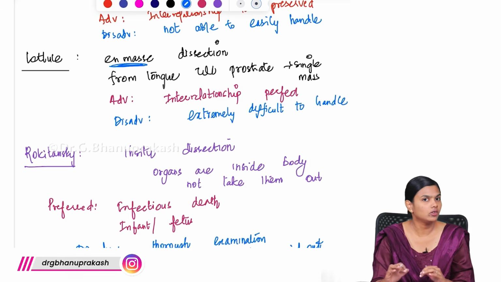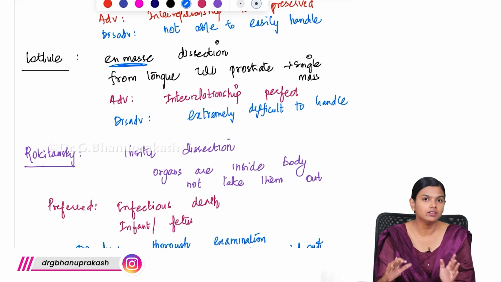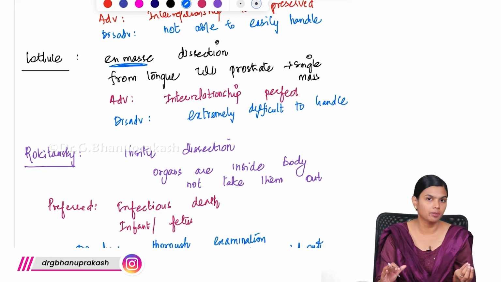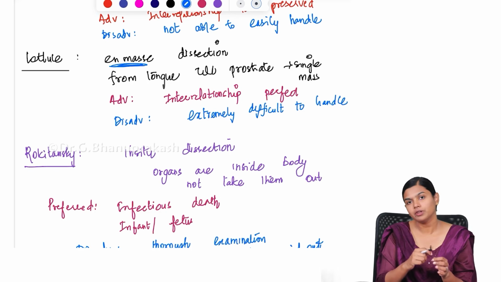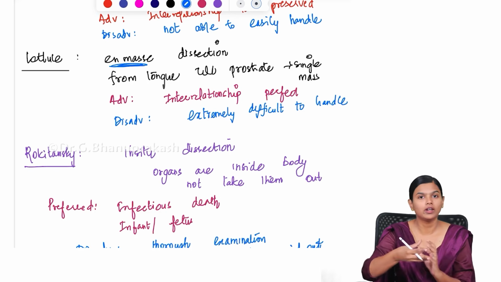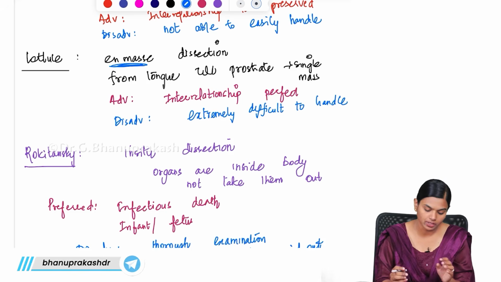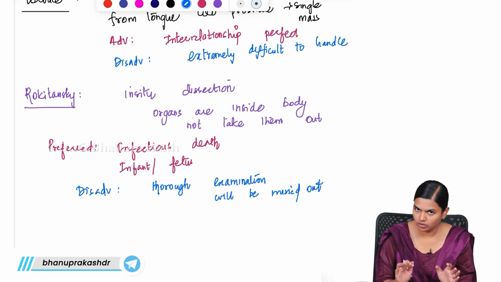One issue is that you will not be able to easily handle the organs, you will not be able to weigh them separately, you will not be able to dissect them properly, and dissection will be very, very difficult. You will not be able to orient the organ. So all these problems will come up in this Letulle's technique.